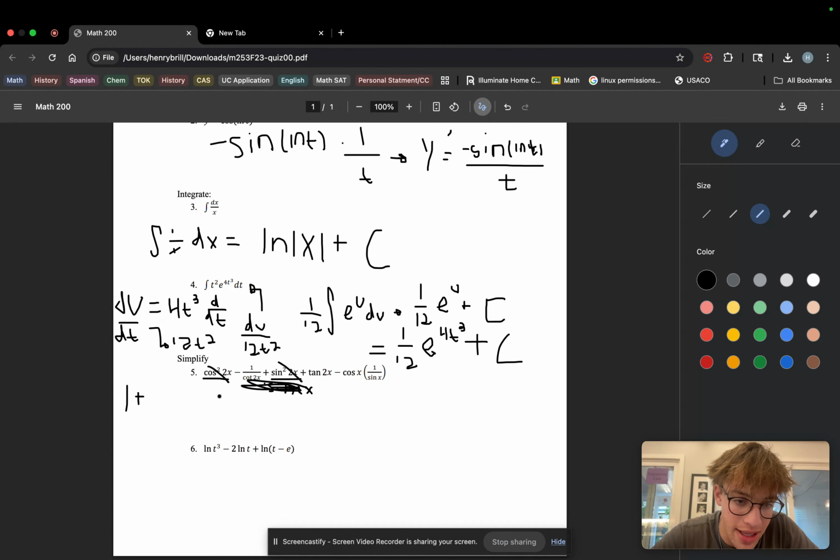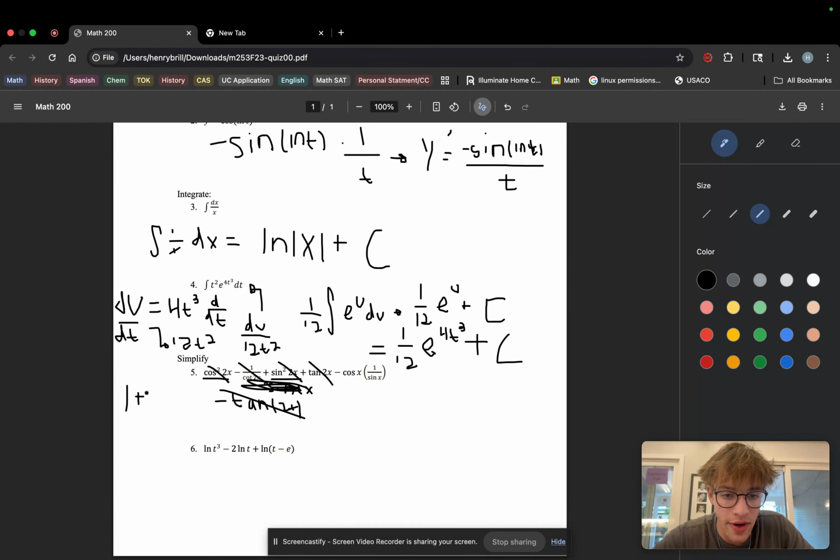So we could just rewrite this as minus tangent of 2x, which works nicely. You could just subtract it from tan 2x, so we can get rid of both of these now.